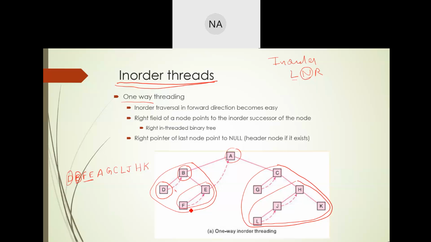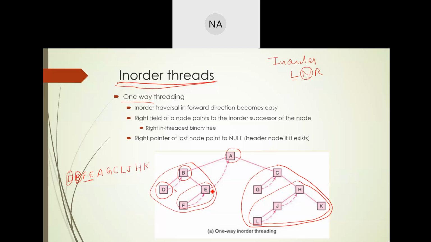The right pointer of node F is also a null pointer, so you can store some useful information over there. You store a pointer which points to the in-order successor of node F, so this pointer will point to E. Node E also has an empty right subtree, so its right pointer is null.